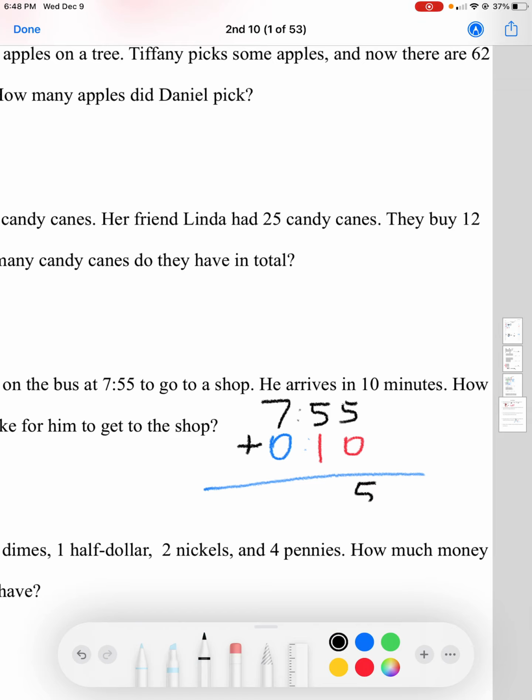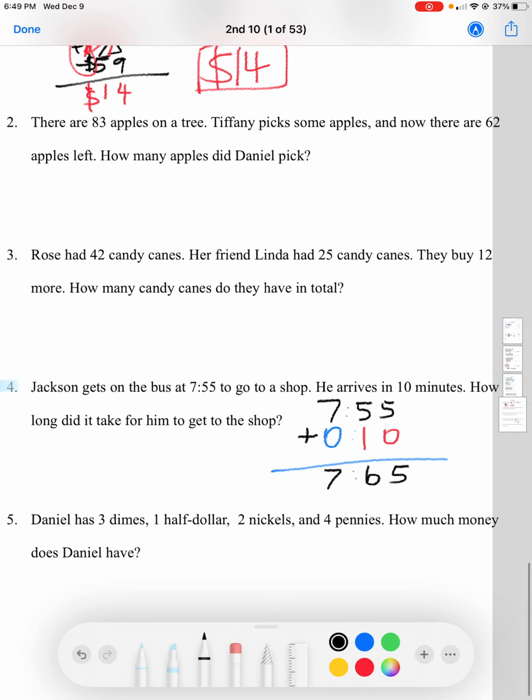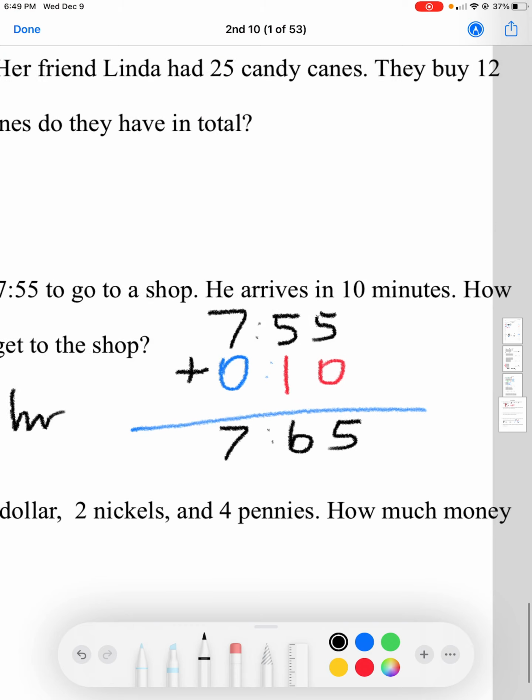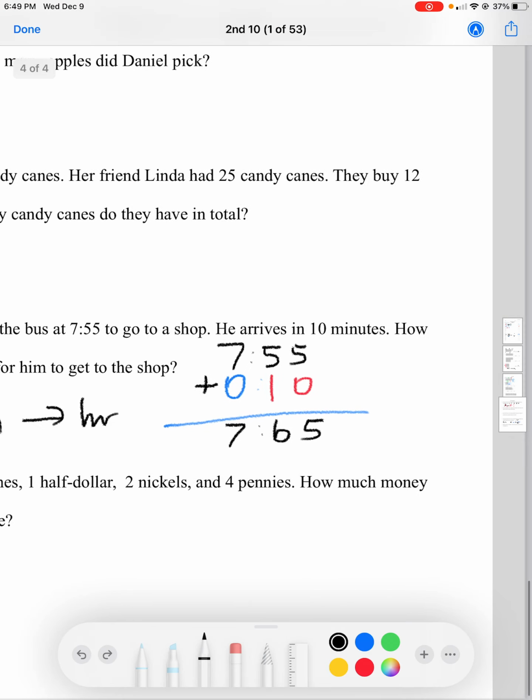5 plus 0 equals 5. 5 plus 1 equals 6. And then bring down the colon. 7 plus 0 equals 7. Now, if you recall, there is no 65 minutes on the clock. So what we're going to be doing is, because we know that 60 minutes equals 1 hour, we're going to be converting the 60 minutes in the 65 to an hour.